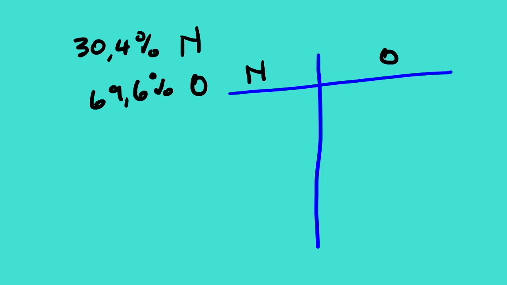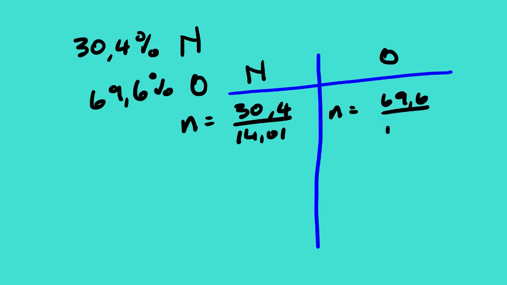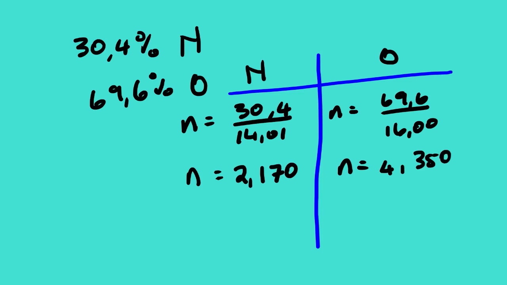So we have N and oxygen. So n is equal to 30.4 divided by 14.01. Let us quickly do the same thing here. We have 69.6 divided by 16.00. Rounding off to 3 decimal places, we have 2.170, 4.350.